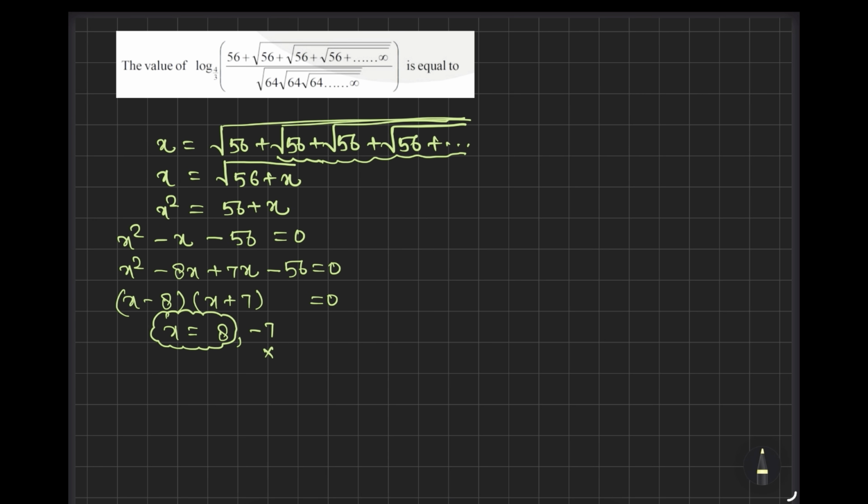Now, it's time to break down the denominator part. It is also approaching infinity, so I'll assume that thing as y. So it is root 64 plus root 64 plus root 64 till infinity, correct?